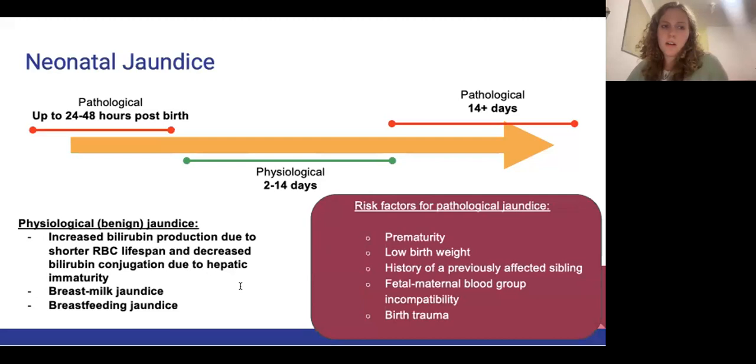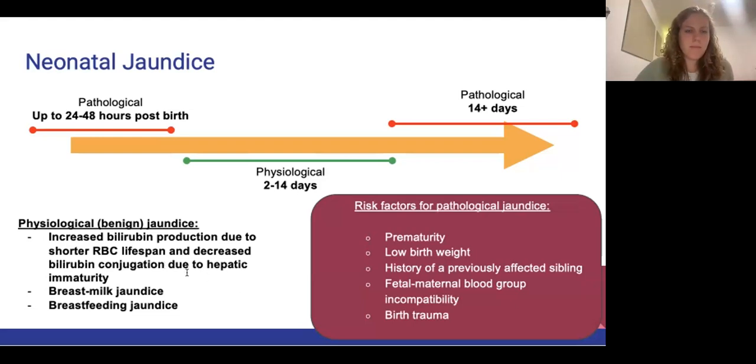So what do I mean by physiological? This is usually in breastfeeding babies. And basically in babies, red blood cells have a shorter lifespan, which means they break down, and when they break down, they produce bilirubin, unconjugated bilirubin, which is then brought to the liver, and in the liver, it's conjugated.